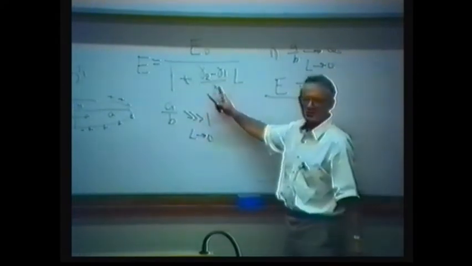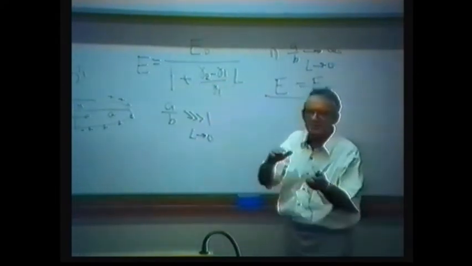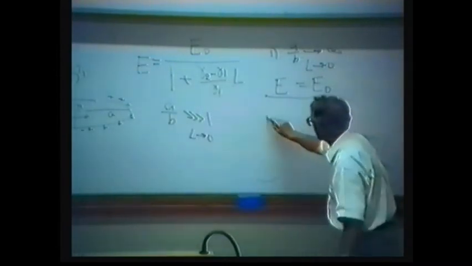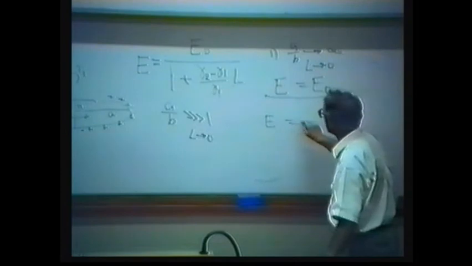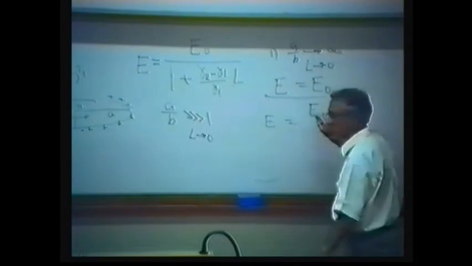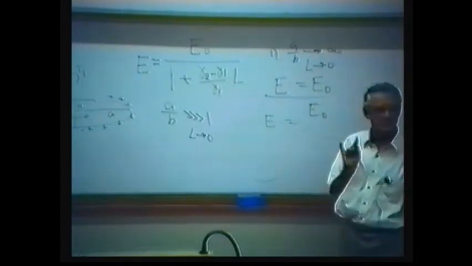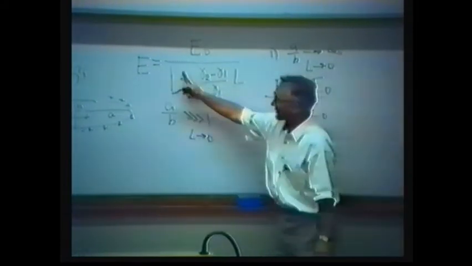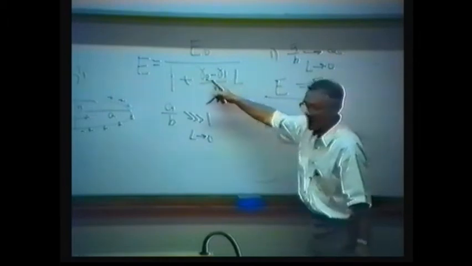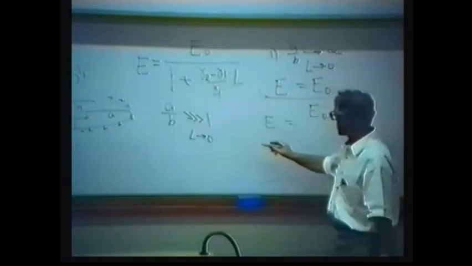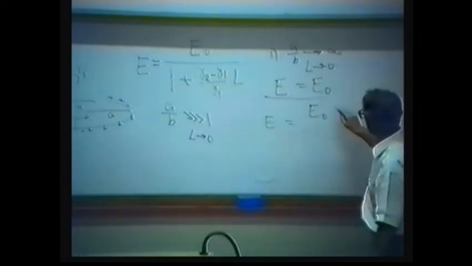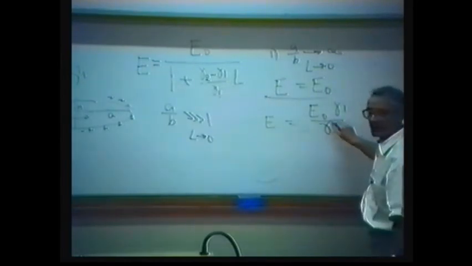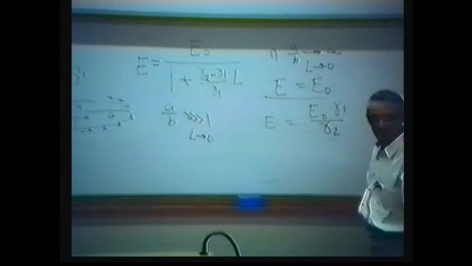Suppose gamma 2 is very large. So I consider the case of very high contrast. Let us look together. In this case, the electrical field will be equal E naught, correct, times, we can neglect this term, gamma 1 much less than gamma 2. So we can write E naught, gamma 1 divided by gamma 2.